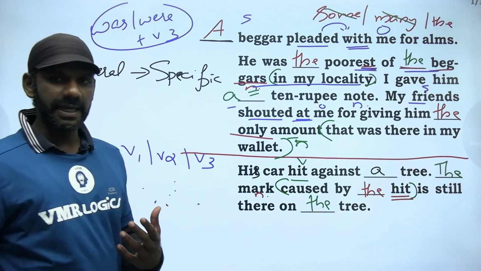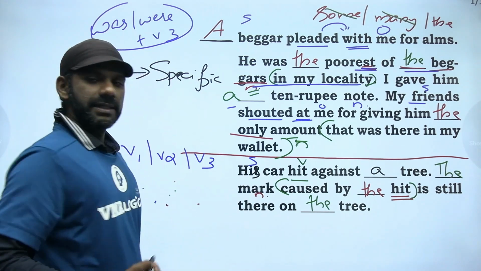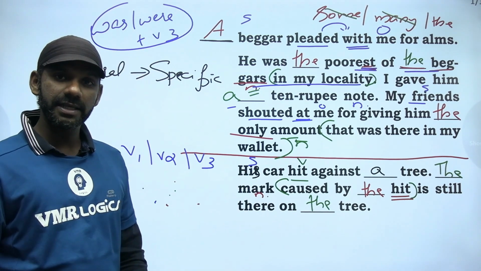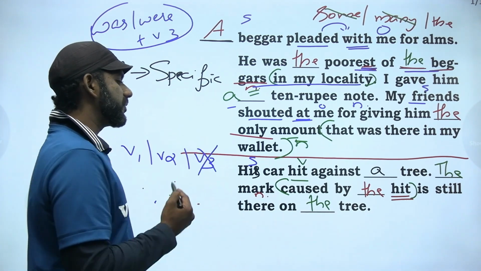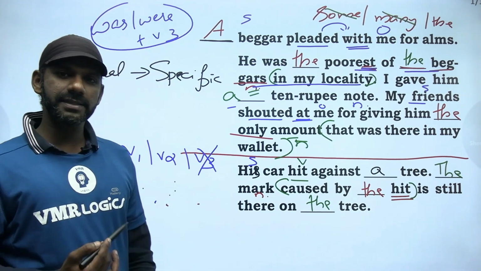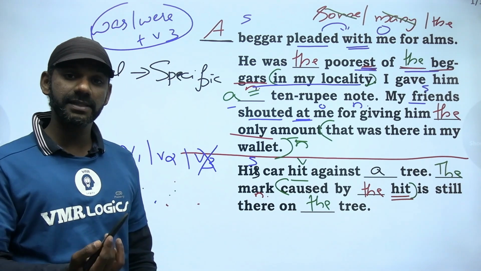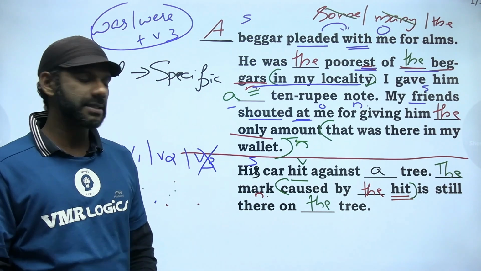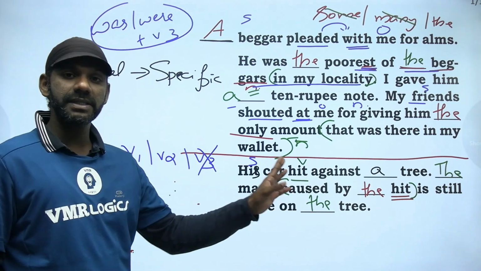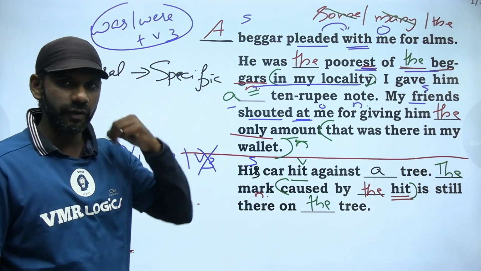His car did the action, subject. Is there anything like subject plus V3? No. So hit cannot be V3 here. Subject plus V1? Yes, simple present. Subject plus V2? Yes, simple past. So in this sentence, hit can be V1 or V2.